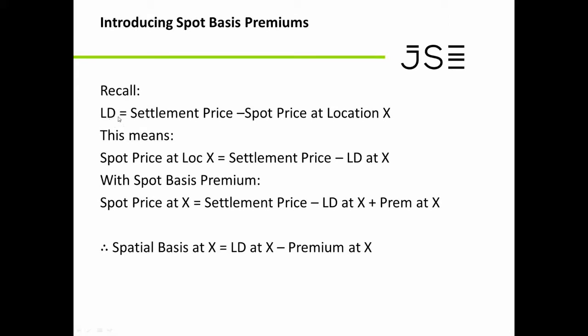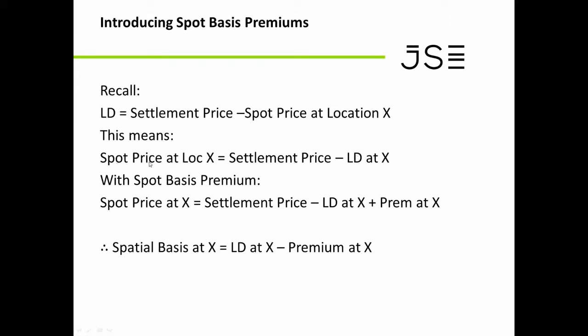So recall that we said that your location differential was simply the difference between your futures settlement price and the spot price at location X. This means that your spot price at location X is your futures price minus the location differential.